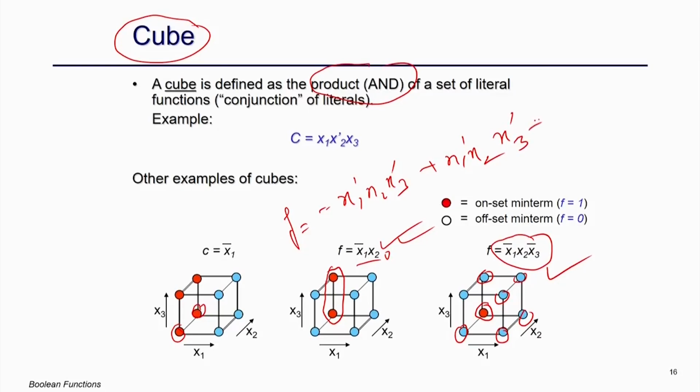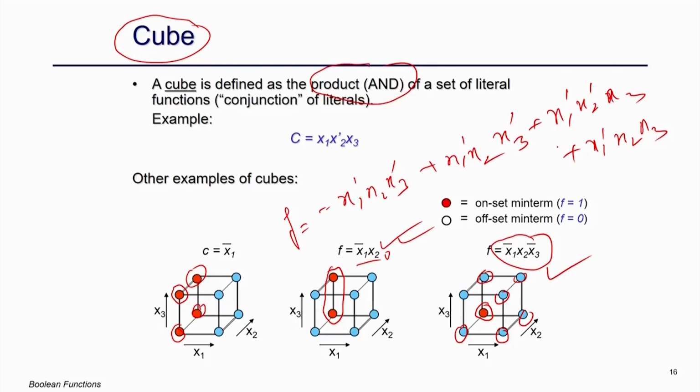And this is basically x 1 bar, x 2 bar, x 3, sorry, and this is basically x 1 bar, x 2 and x 3, right. So these 4 min terms are this function.